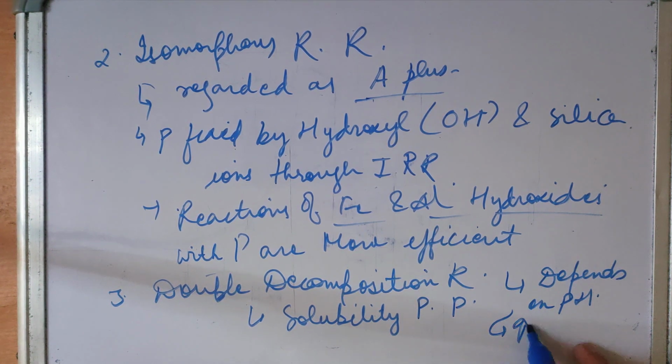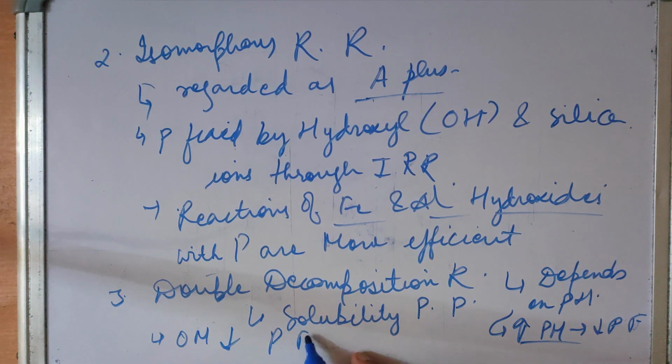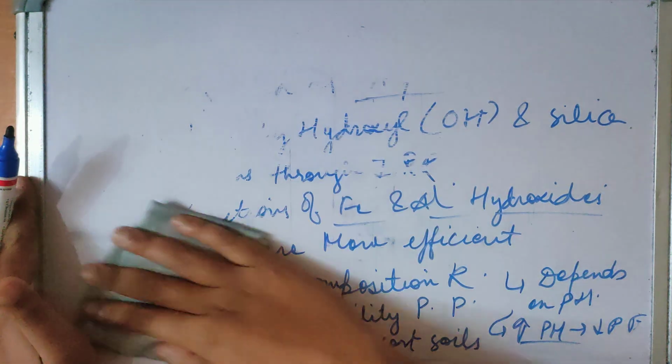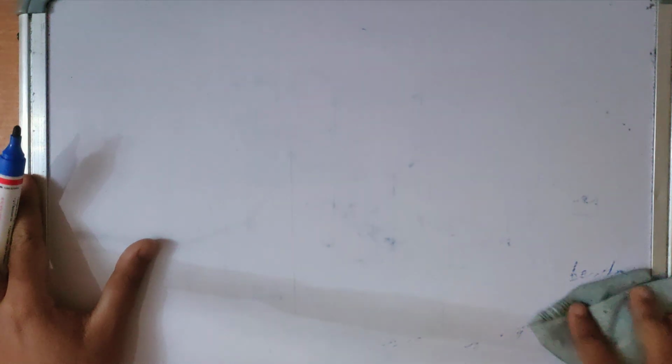Higher the pH, lower the phosphorus fixation, and organic matter decreases phosphorus fixation in most soils. Soils with high organic matter have less phosphorus fixation. So this was all about phosphate fixation.